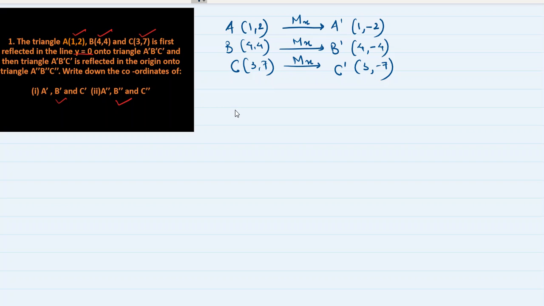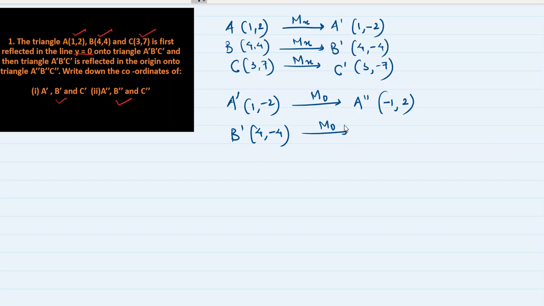Now these points A dash, B dash and C dash are further reflected in the origin, remember. A dash, which is (1, -2), is reflected in the origin. It becomes A double dash, and whenever a point is reflected in the origin, its x and y coordinates both change. So it becomes (-1, 2). B dash, which is (4, -4), when reflected in the origin becomes B double dash, which is (-4, 4).